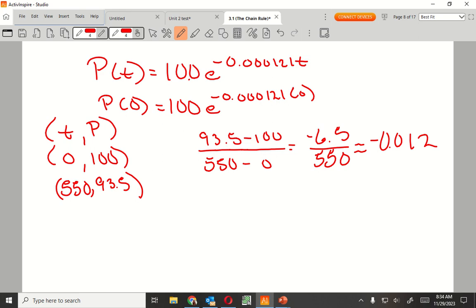What does the P stand for? Percentage. Percentage over time. And that's going to be percent per year, so it's going down that amount per year.